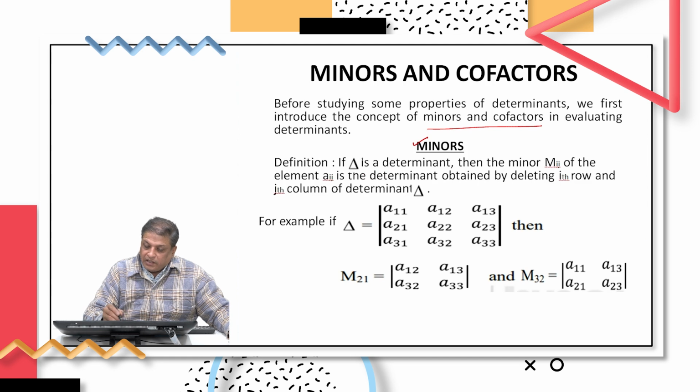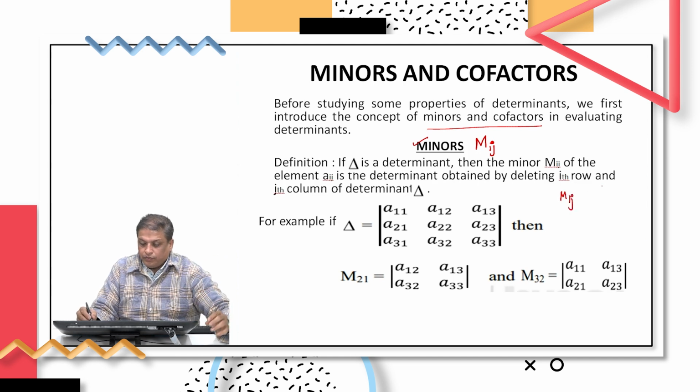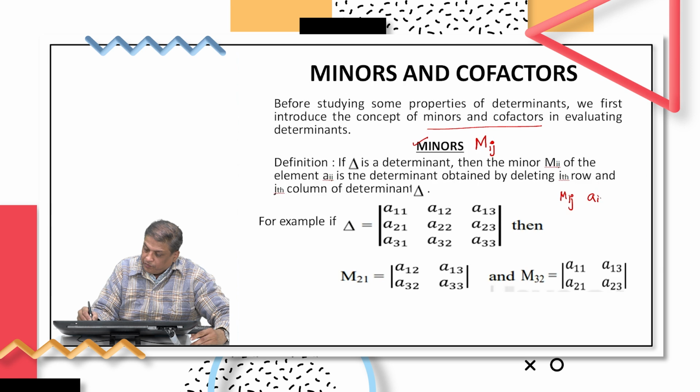Say if delta is the determinant, then minor Mij, where i represents rows and j represents column of an element Aij, is the determinant obtained by deleting the ith row and jth column of the determinant delta. So Mij is the minor of the element Aij.